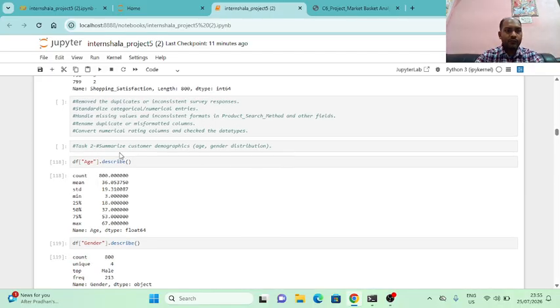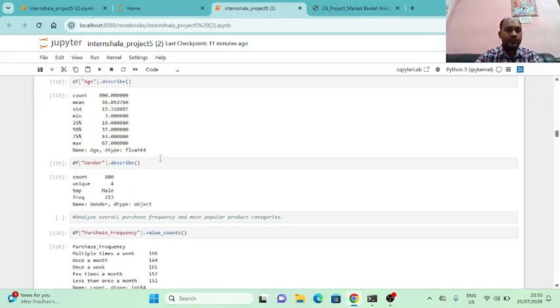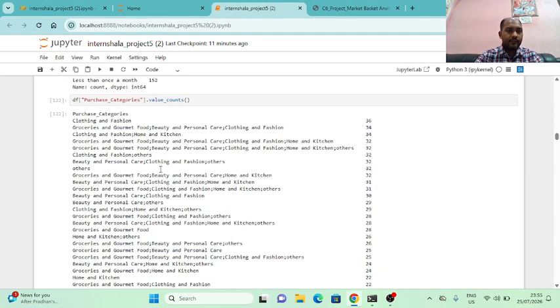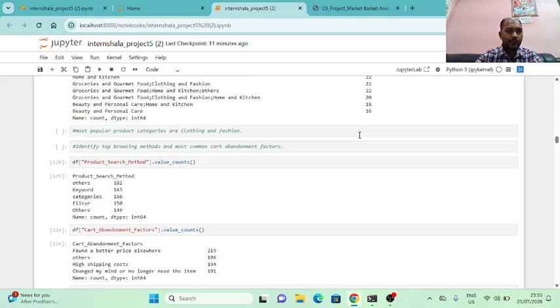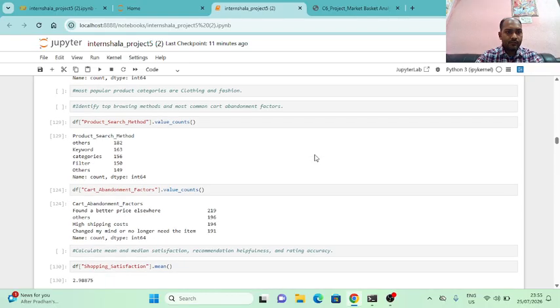So our task 2 is to summarize customer demographics. I have summarized all the demographic data, age and gender distribution here, and counted the values of purchase categories. We can see that clothing and fashion has the maximum purchase category count, 36 here. The other task is to identify the top browsing method and the most common cart abandonment factors.